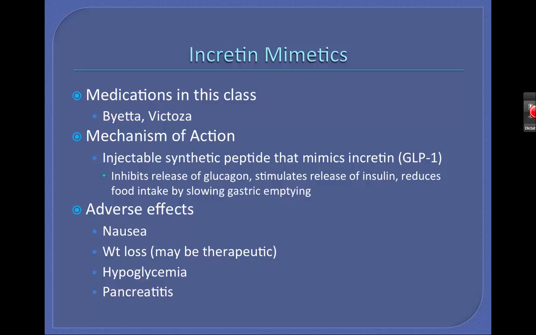Drawbacks: the nausea can be severe, it's an injection, patients can be constipated, diabetics can have worsening gastroparesis, may exacerbate hypoglycemia, pancreatitis is a risk, and also thyroid cancer. These drugs are expensive.